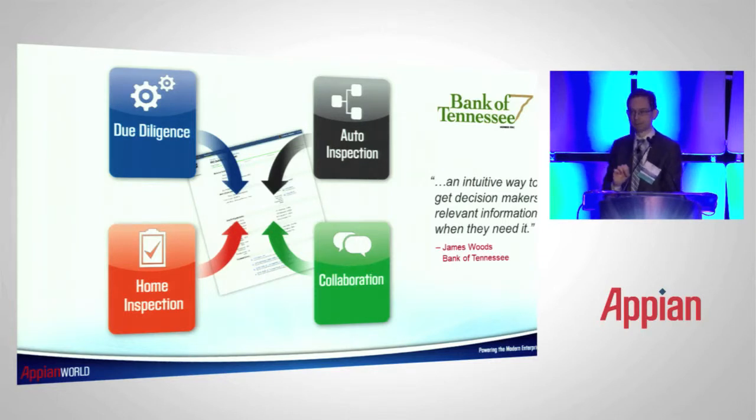So now you're going to roll out Appian data subject by data subject. I think that's the future of BPM. I think it's a much more intuitive way to work, because every time you do a rollout, you create a natural community of usership. You create a set of people and a set of actions and a set of data, and those three are symbiotic. That, to me, is the new unit of rollout. And Bank of Tennessee is right on top of it.